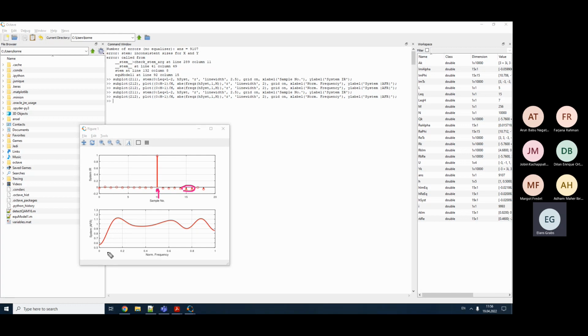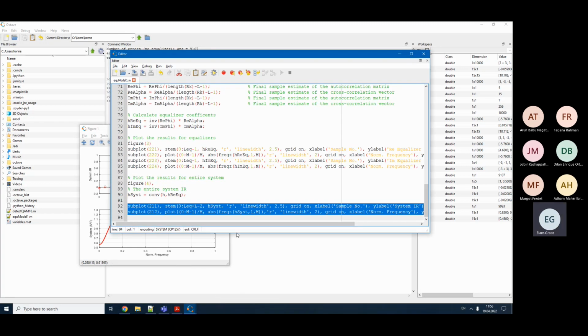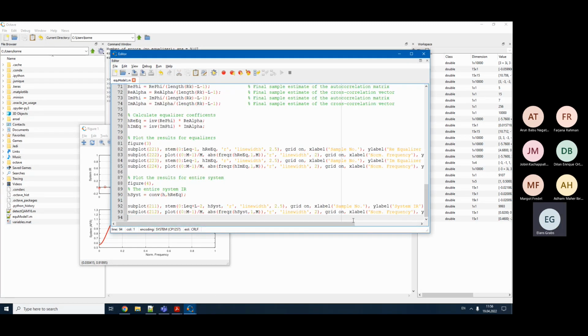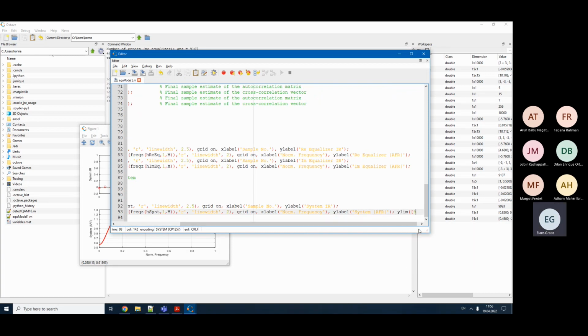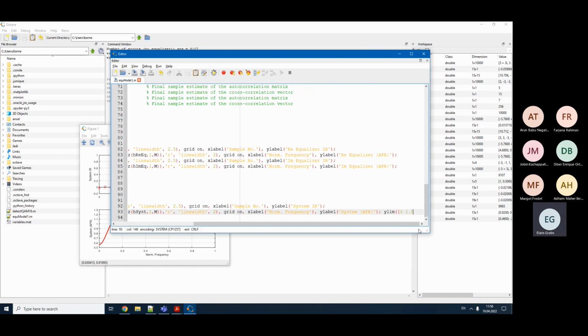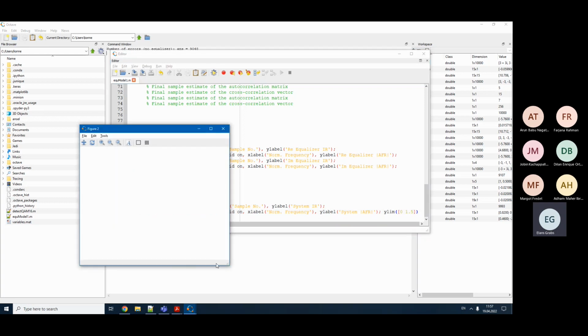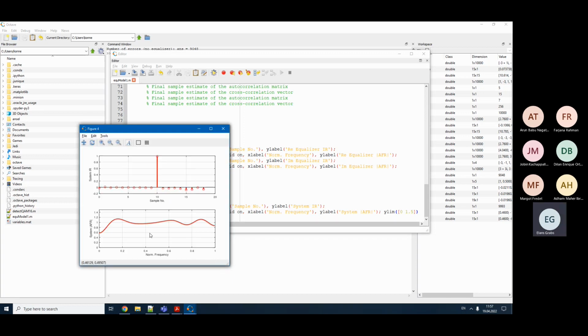Also, our amplitude frequency response, let me force it to be plotted with y limits from 0 to 1.5, because this way it's not looking so nice. It should be more linear. Now you can clearly see that it's become better.